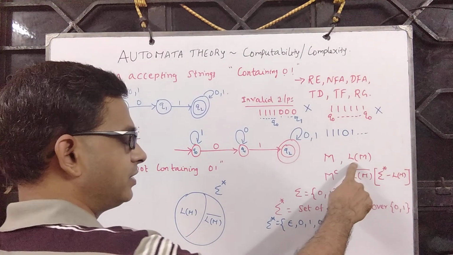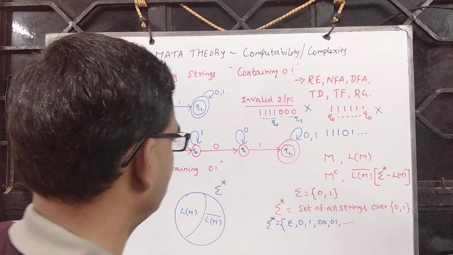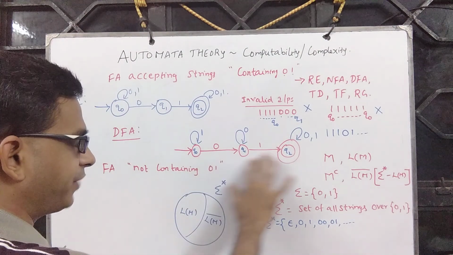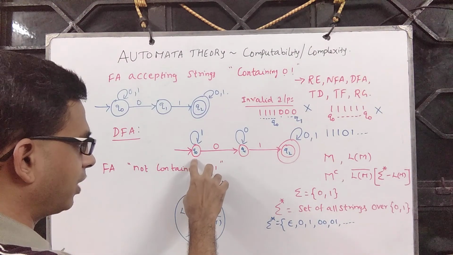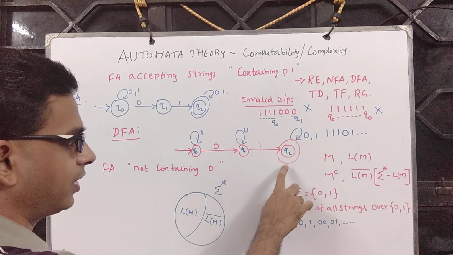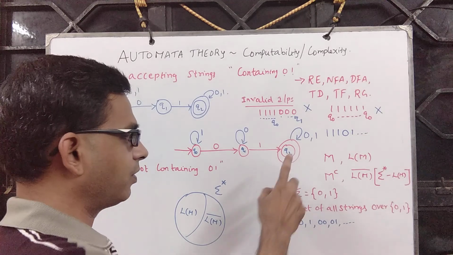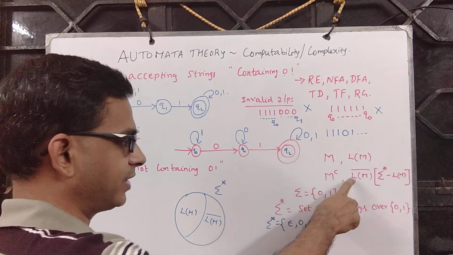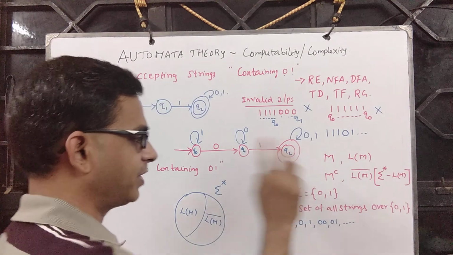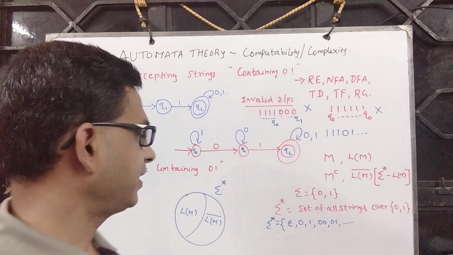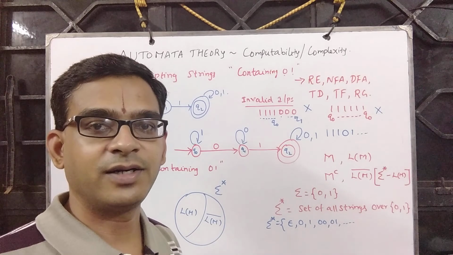So one can fine tune this automaton by flipping non-final states to final states and final states to non-final states. That will ensure what is accepted by M is rejected by M complement, and what is rejected by M is accepted by M complement. So simple fine tuning gives you the desired automaton.